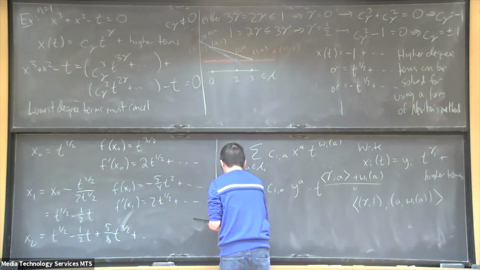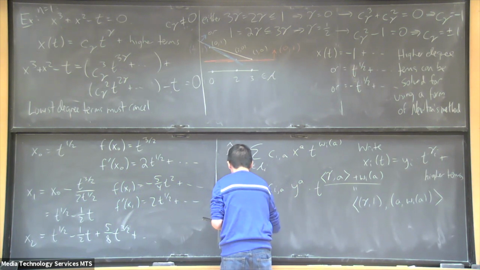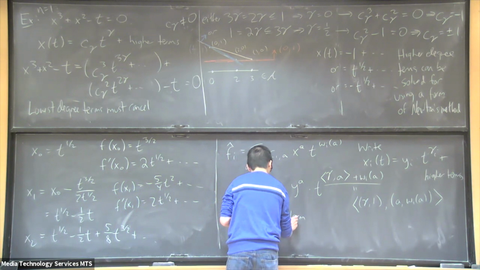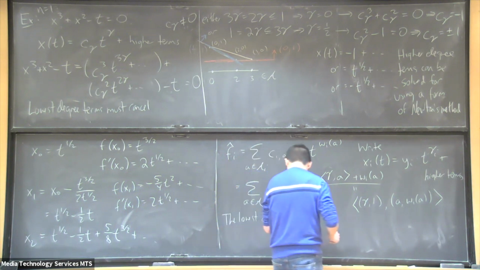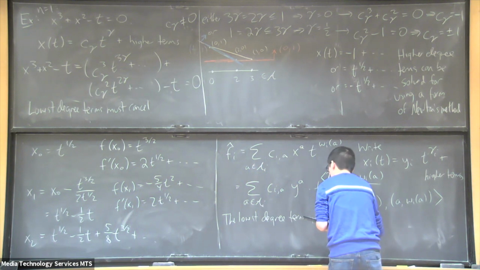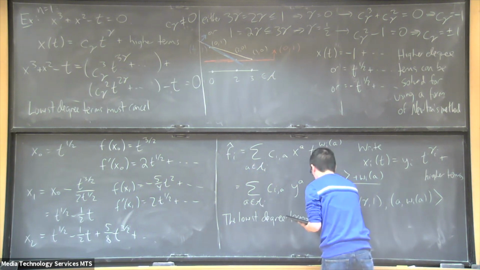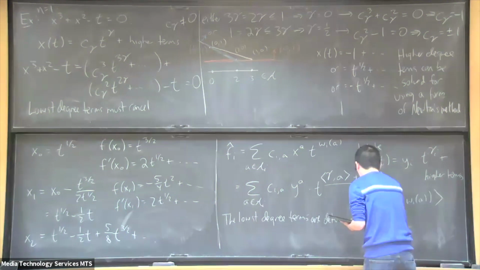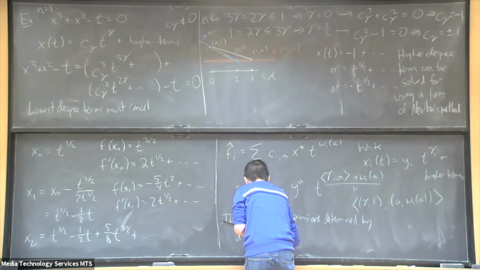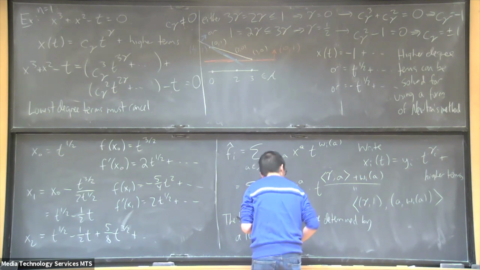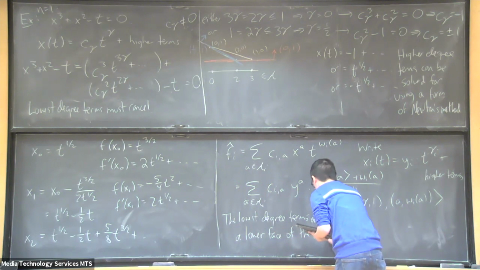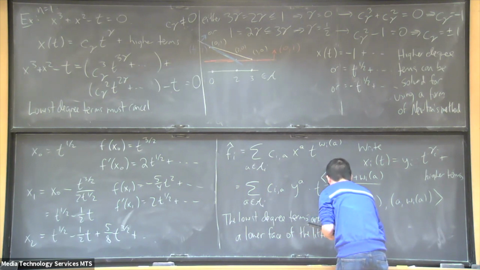So the lowest degree term is determined by a lower face of this kind of lifted polytope.